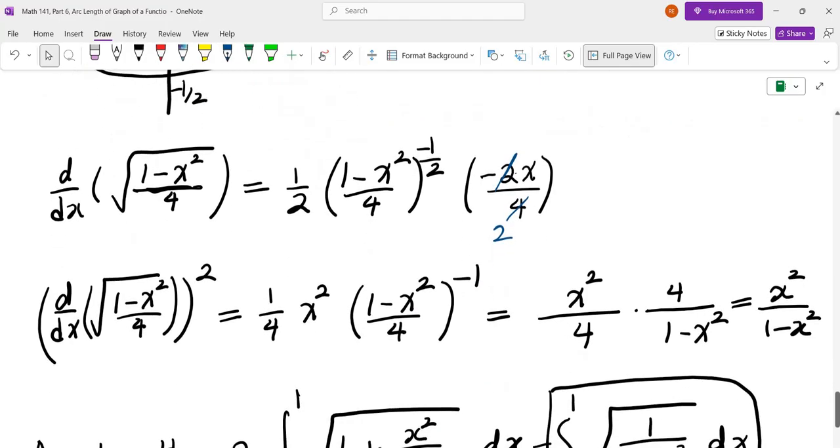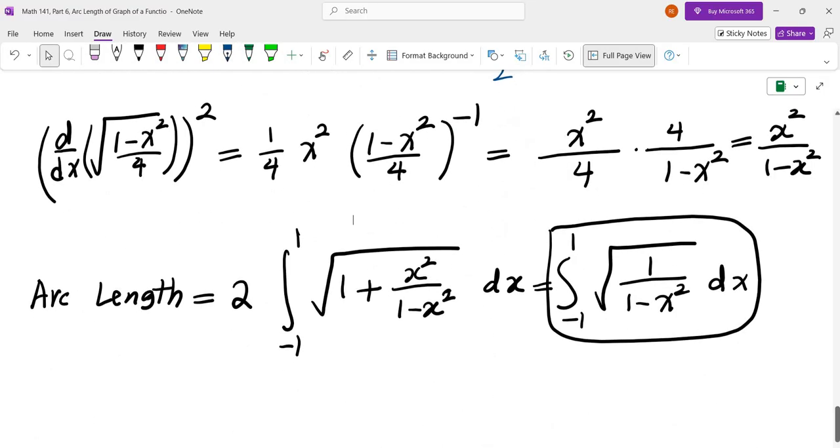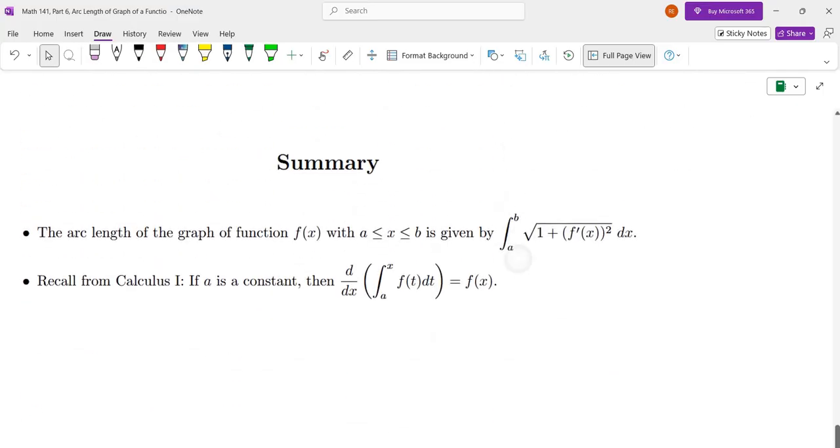Simplify, take this and then square that, we get x squared over 4, and then we have to square that, so that means you have to flip this, we get x squared over 1 minus x squared. Then we plug it into the formula, but this is something we cannot integrate. In any case, that would be the answer. So I do have a 2 in front that I forgot. So that's the answer to the problem.